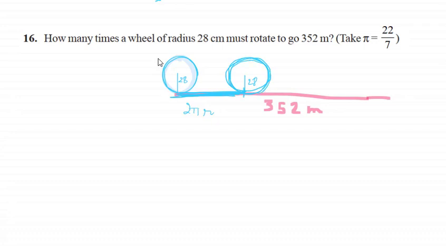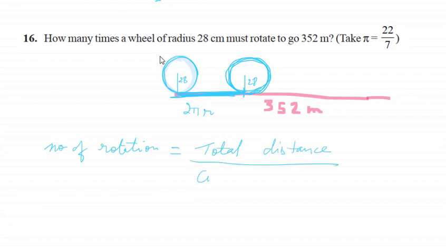So in one rotation, the distance covered equals its circumference. So the number of rotations will be how many? You have to find the number of rotations, and the number of rotations will be total distance divided by the circumference of the wheel.